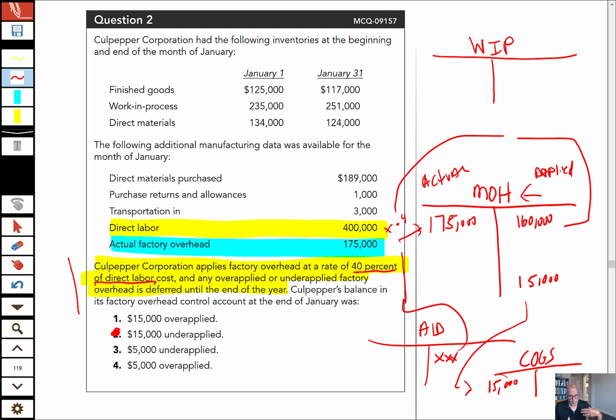So you may need to allocate it between those three accounts. If a third of the total was in work in process, a third in finished goods, and a third in cost of goods sold, then you would put 5,000 of the under or over applied, in our example 15,000, in each of those accounts. Okay. And sorry for getting those debits and credits mixed up.